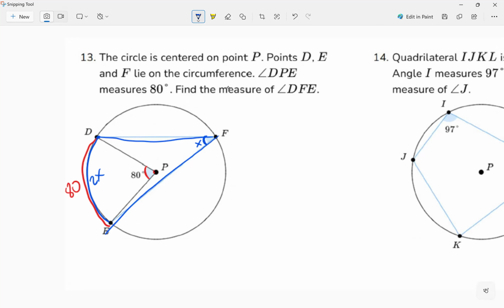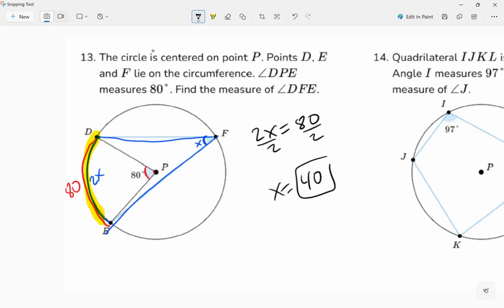Because it's 2 times the angle on the arc. But then I'm like, well, this arc is 2x and it's also 80. So I'm just going to let them equal each other. 2 times x equals 80. Divide by 2. So x must be 40.